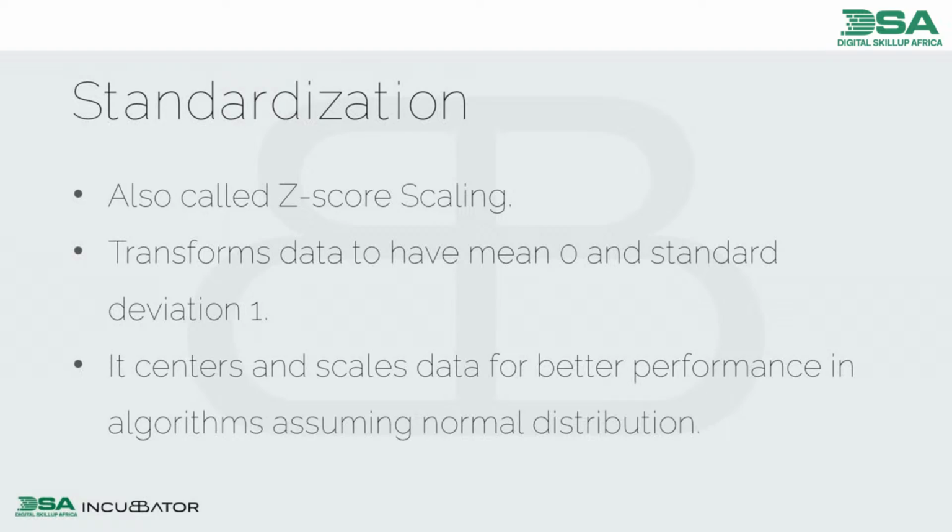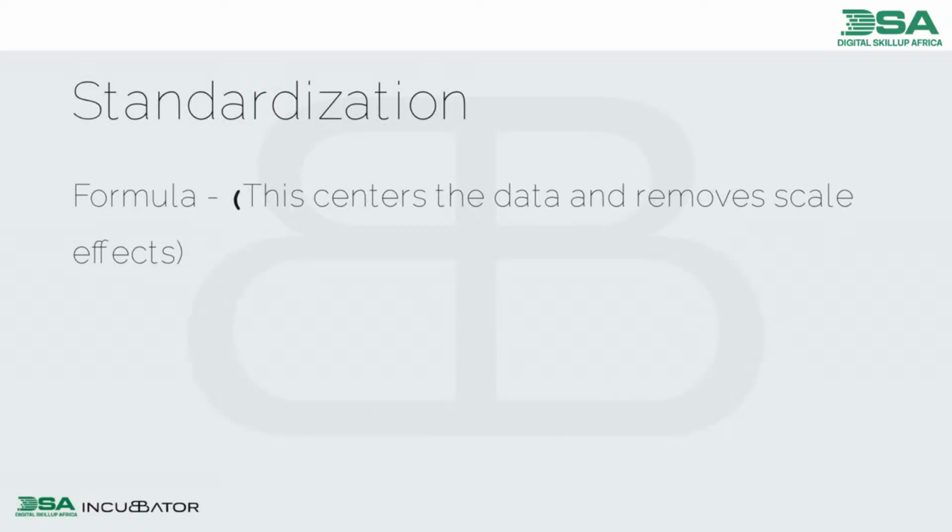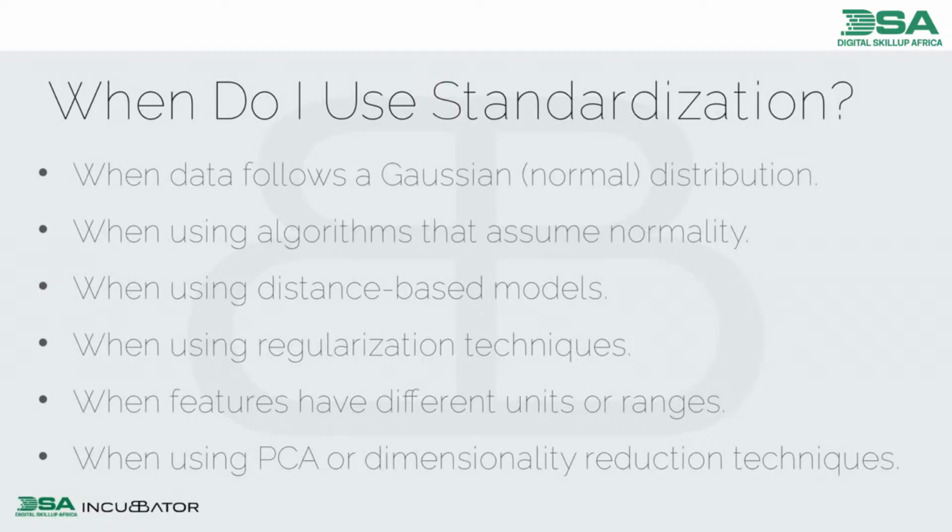Then we said the standardization also, which is called the Z-score scaling. You can transform your data to have a mean of 0 and a standard deviation of 1. It centers and scales data for better performance, for algorithms assuming normal distribution. All right, the formula has disappeared too. So when do you use that?